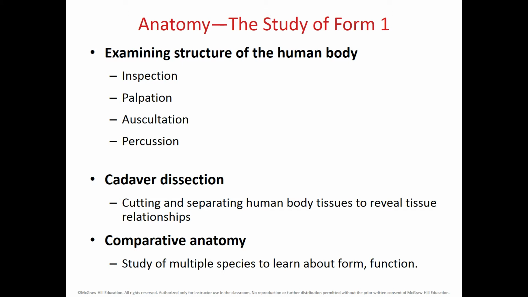Now, an indirect way for us to study anatomy is through comparative anatomy, which is a branch that studies multiple species in order to examine their similarities and also their differences. With this, we can gain understanding indirectly about the human structure.